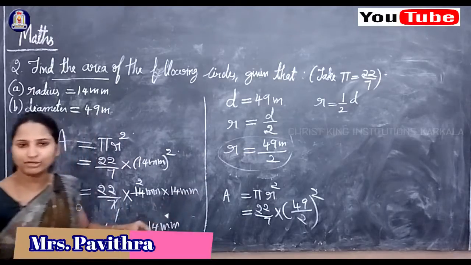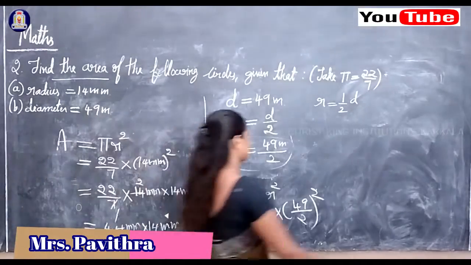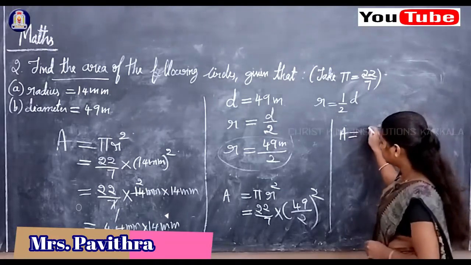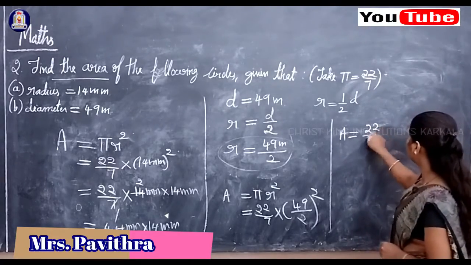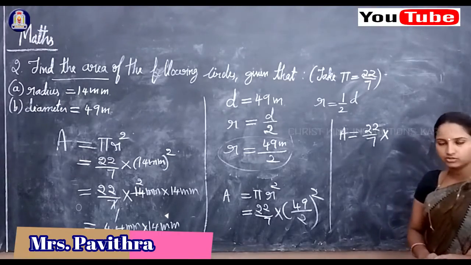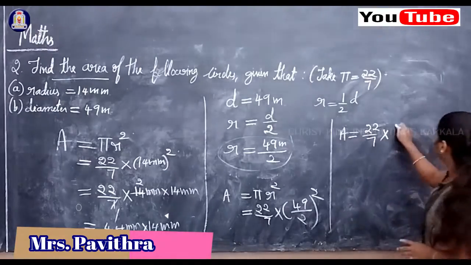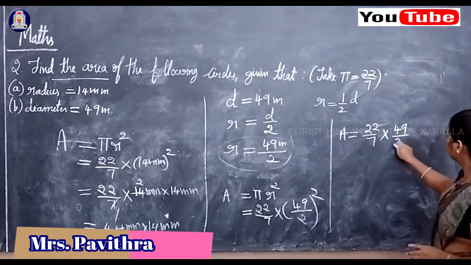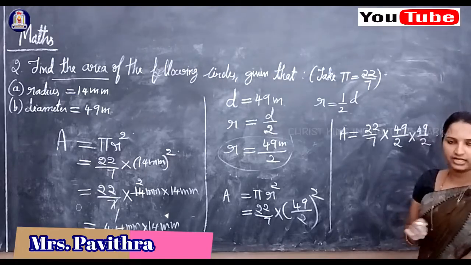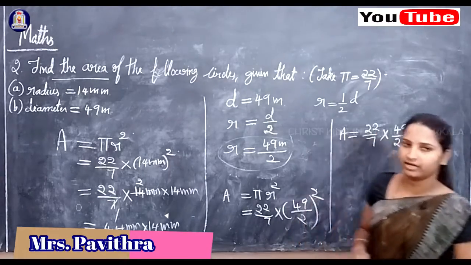Now A is equal to 22/7 into 49/2 the whole square, means 49/2 into 49/2.